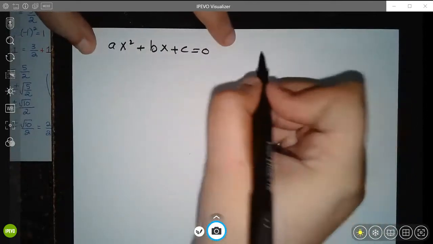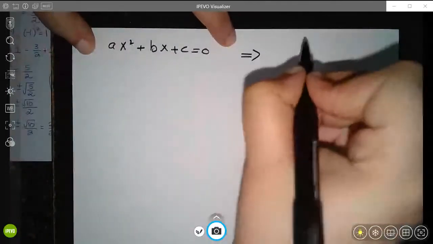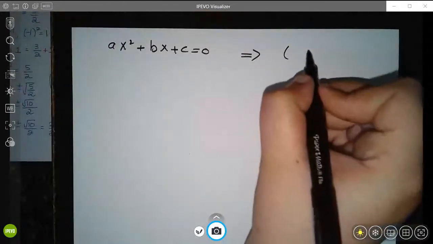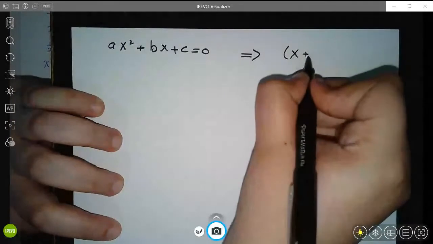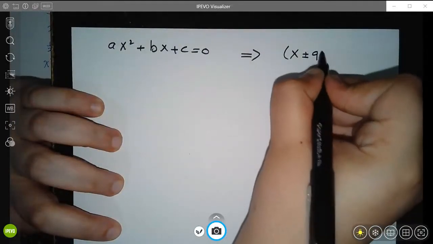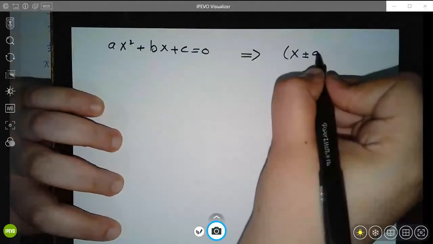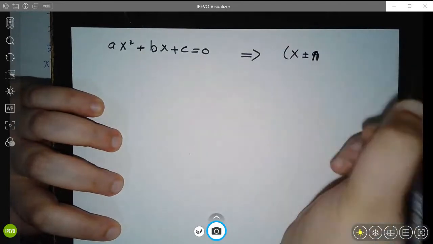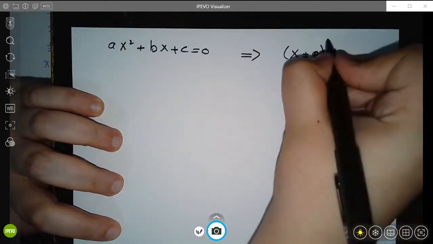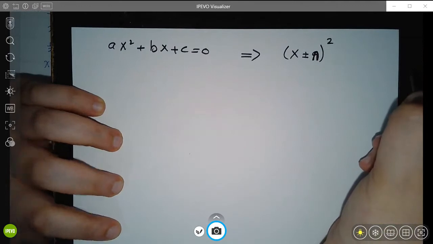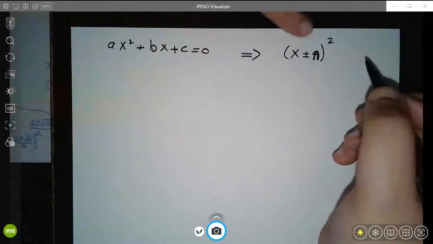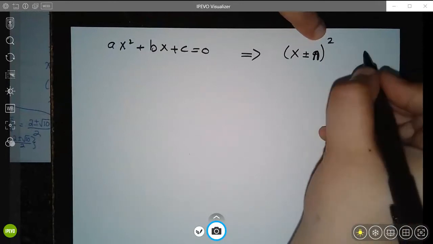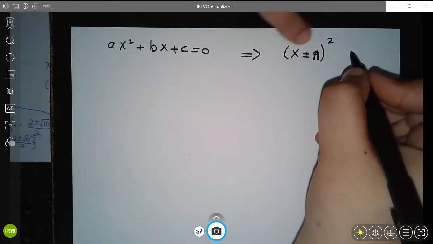So it's when the quadratic form can be rewritten in the form of x plus or minus n, because it could be anything, n squared, right? So the idea here is that I want this quadratic to be written in the form of a pair of parentheses being squared. Make sense? That's called the perfect square.